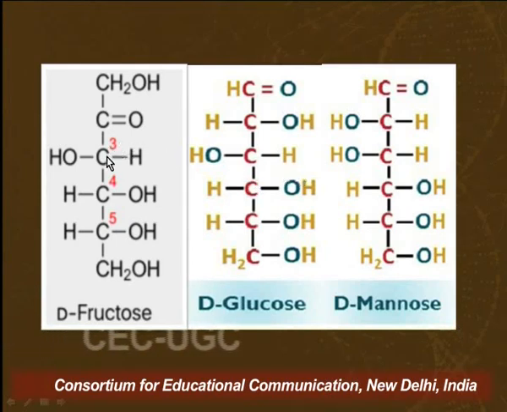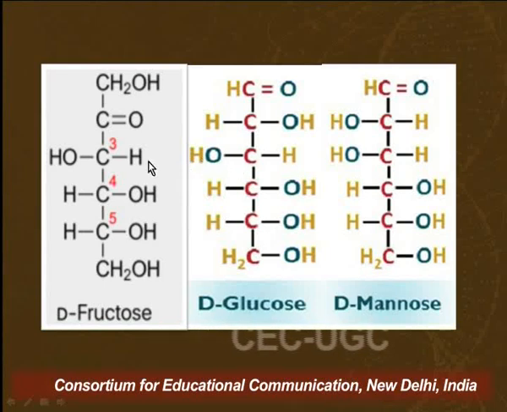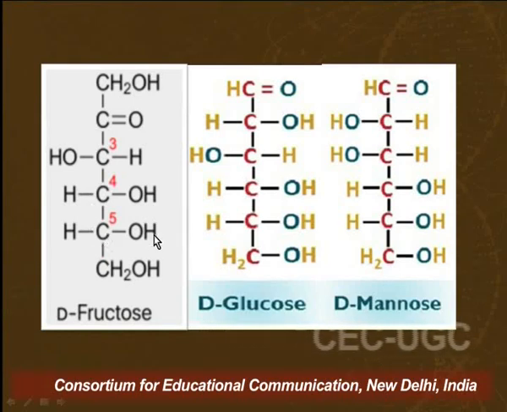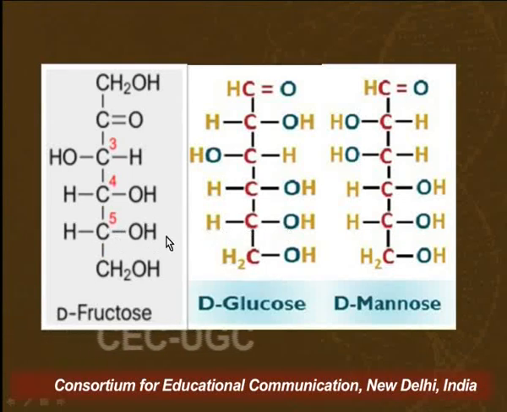That is, at the 3rd carbon in all 3, H is on the right hand side, OH is on the left hand side. On the 4th carbon, again OH is on the right hand side and H is on the left hand side. And of course on the 5th carbon, which tells us about the configuration of the molecule, all 3 molecules have OH on the right hand side.